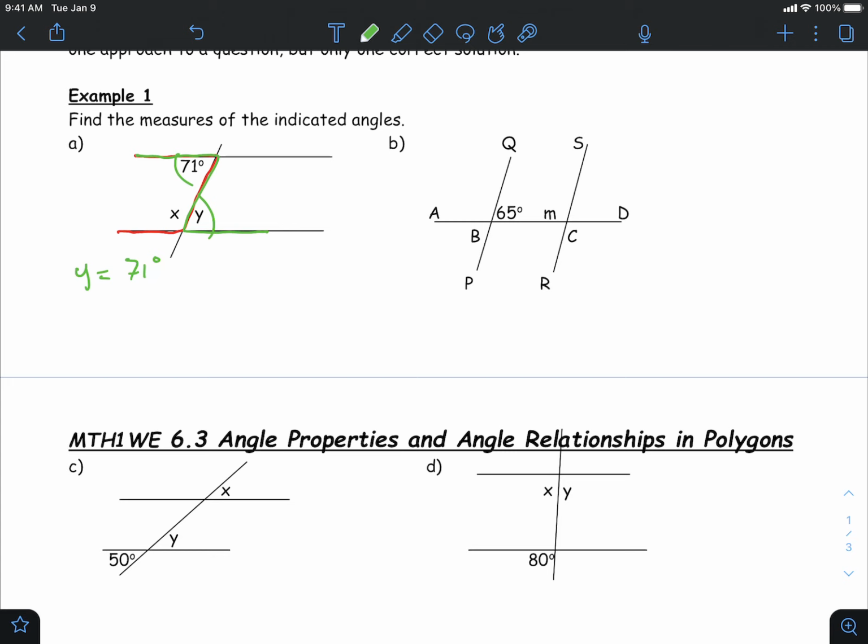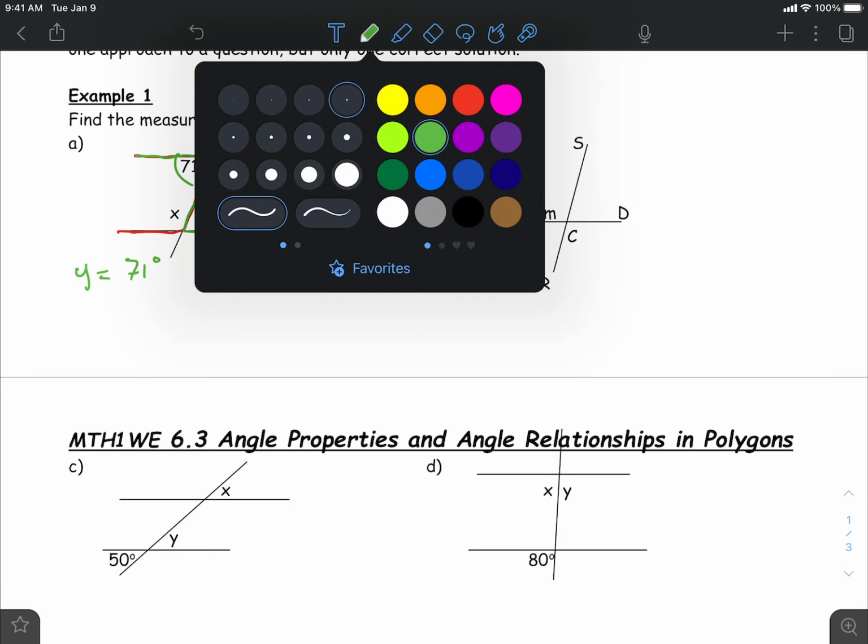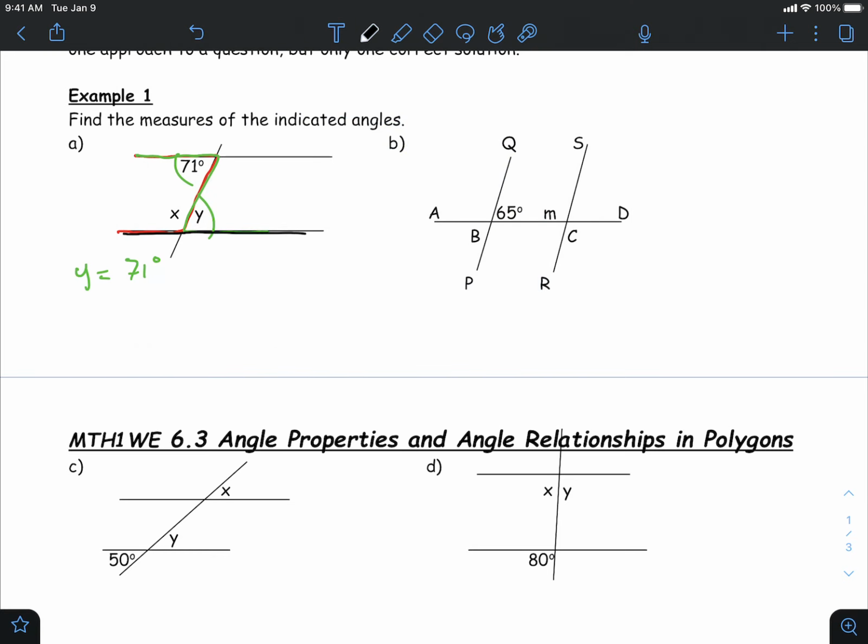Once you know Y, if you think back to yesterday's work, how many degrees are in the line across the bottom, this horizontal line? How many degrees in a straight line? Aaron? Yeah, it's 180 degrees for a straight line. So if you know that this is 71, then x plus y has to equal 180.